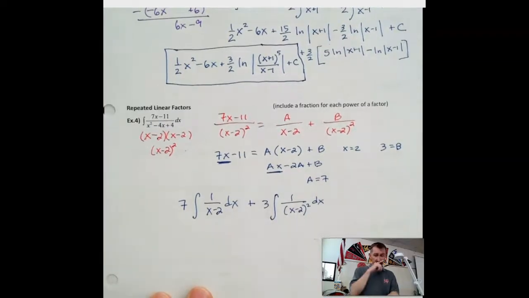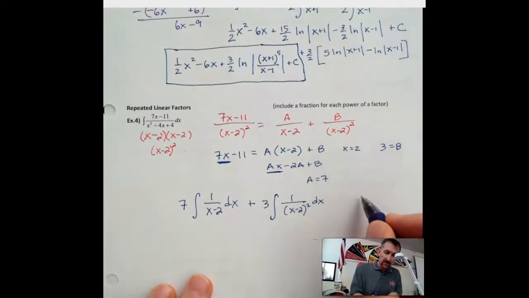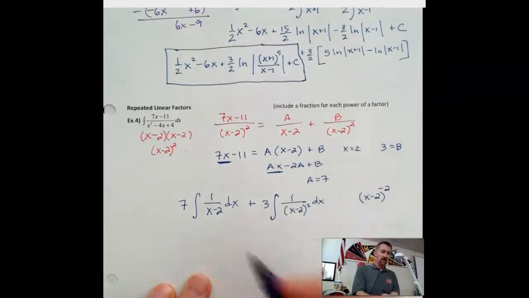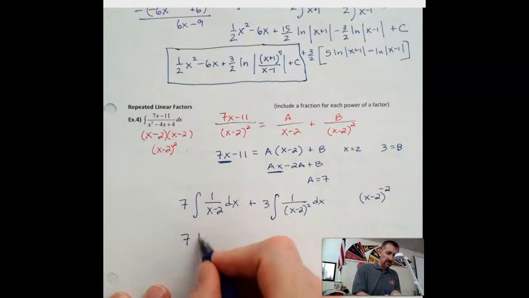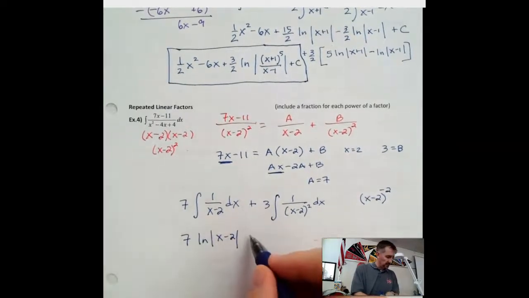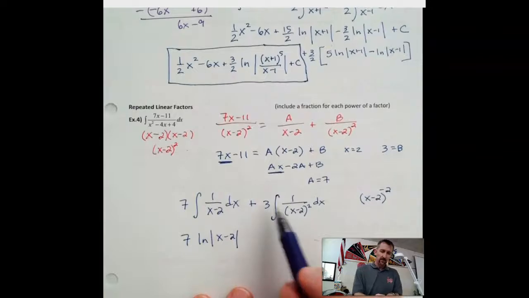I could use a u substitution, but because the derivative inside there is just 1, I could probably think about this as to the negative 2 power. So, 7, that's the natural log of x minus 2. That's fine. Here, got that 3 there.